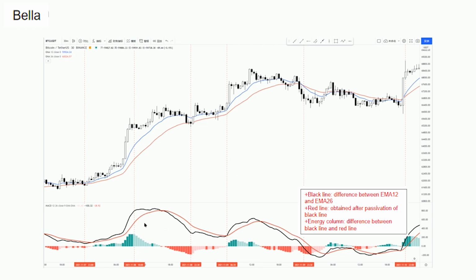That's easy to understand. If you look at the red line, this is what we call the slow line. It is calculated by smoothing the fast line, which you can look up in the literature, as it's a little tricky to explain. The difference between the fast line and the slow line is the MACD bar down here, which we call the histogram.